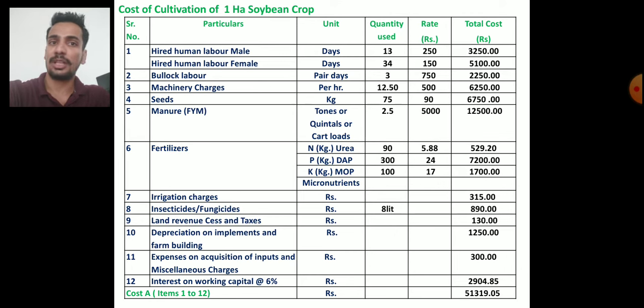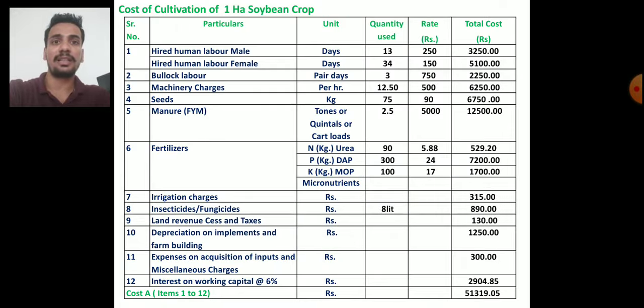So in bullock labor, it is pair days. For cultivation of 1 hectare of soybean, the farmer has required 3 pairs of bullock labor. So the rate is 750 per bullock labor. The rate may vary from area to area, from crop to crop.